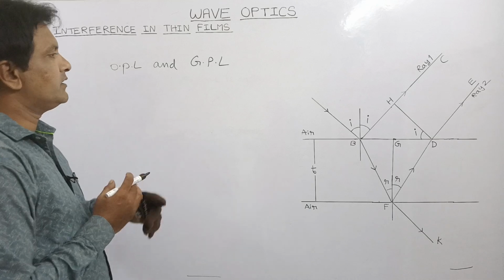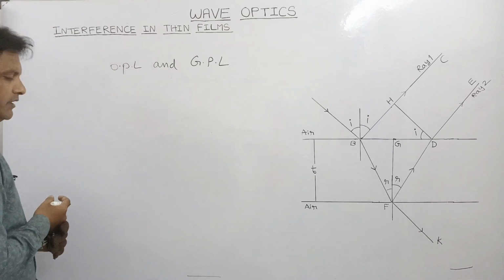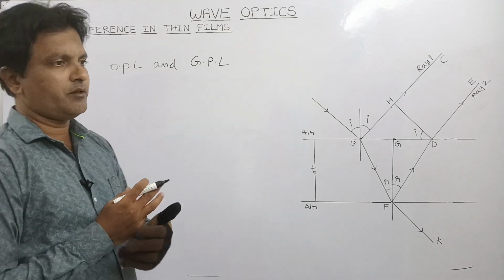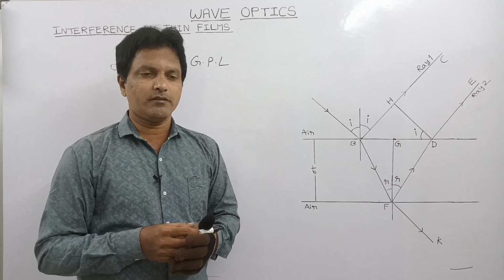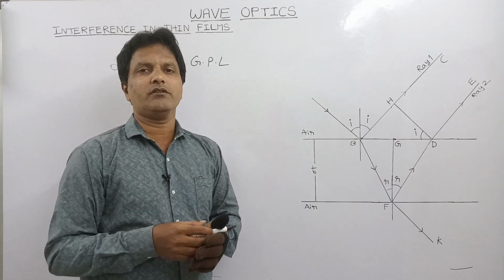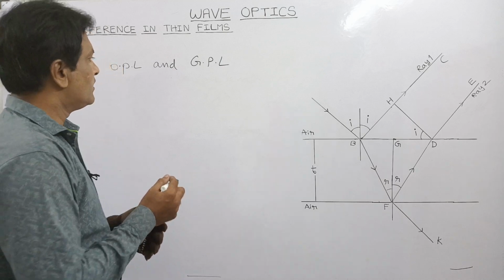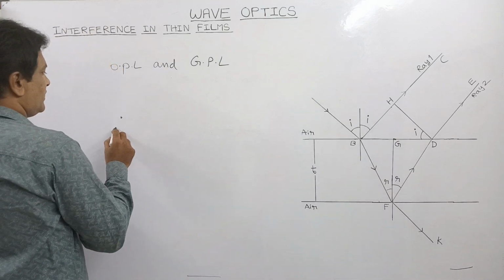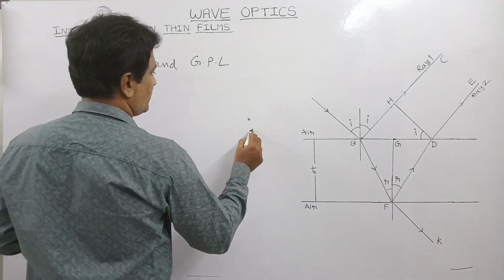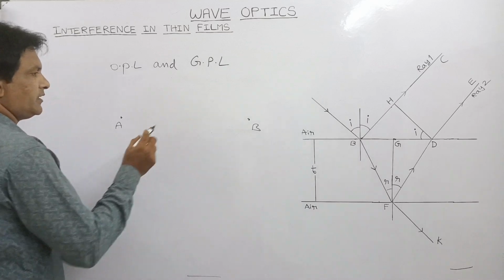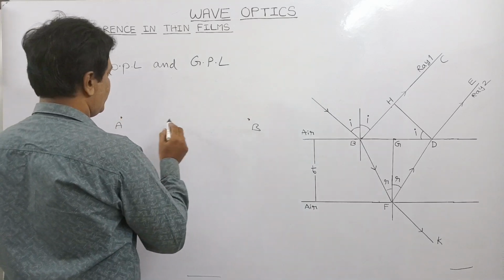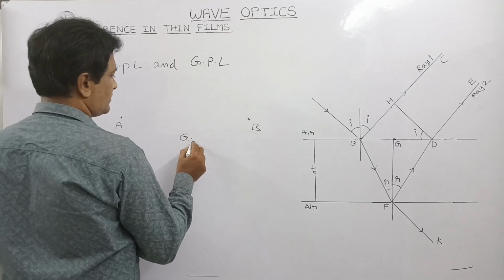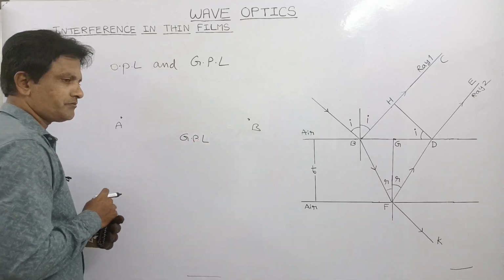When light travels in a particular medium, such as air or vacuum, between a point A and a point B, the shortest distance between A and B is considered the geometrical path length.